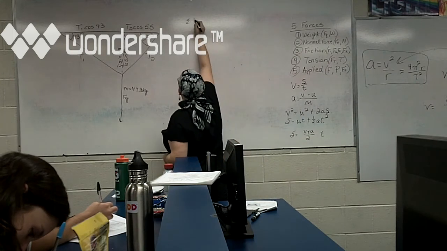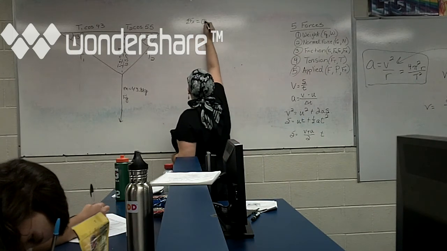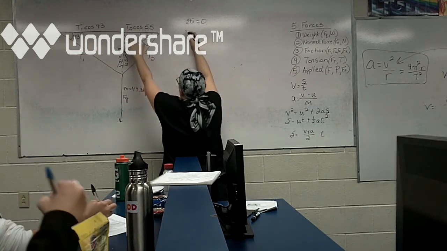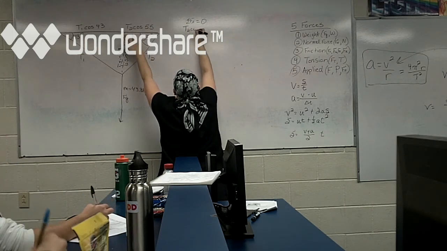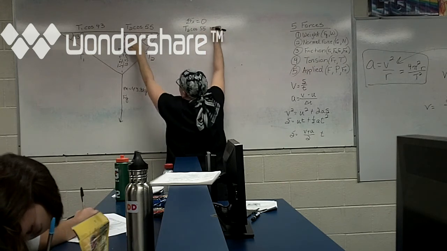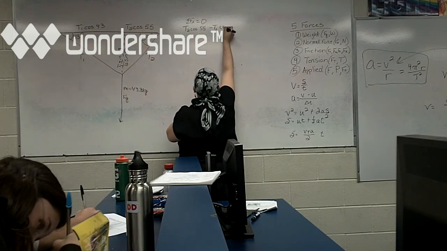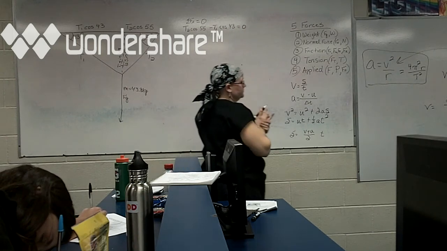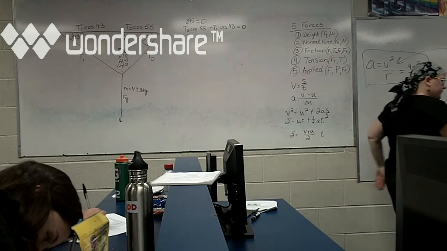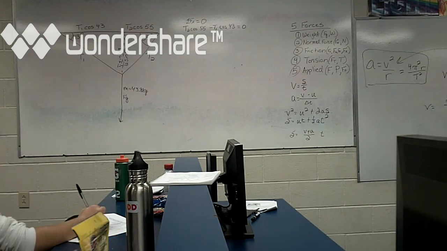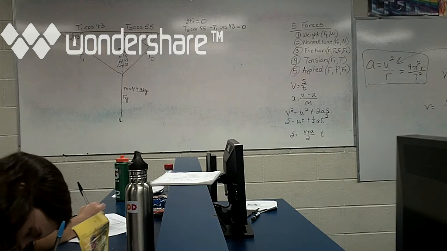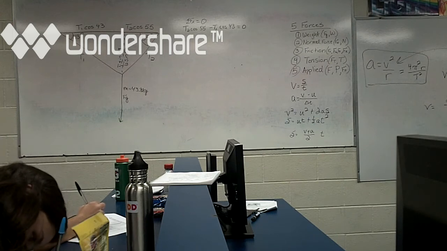So let's sum our forces horizontally, and then we'll sum our forces vertically. Horizontally, I have T2 cosine 55 minus T1 cosine 43, and that's equal to 0. Now, I don't know if there's a reason to keep those angles around. Mathematically, it's just a number, right? So I'm just going to figure out what that number is.